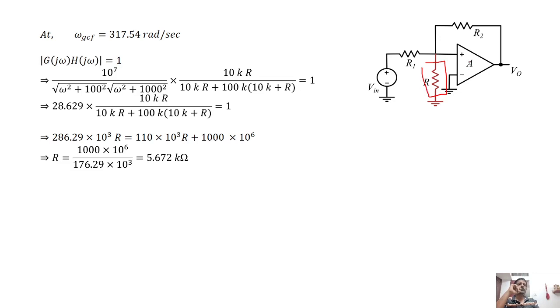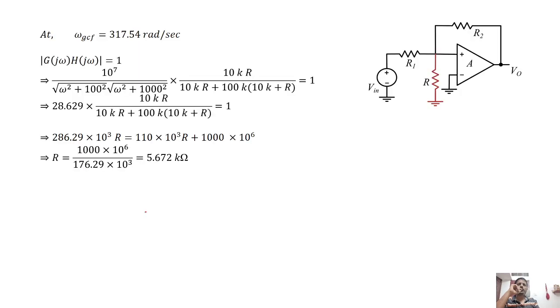We know G of S, so here it is minus. You calculate the value of R in the same manner, substitute it and connect that R here. So that system will be more stable than the previous one. That is the takeaway. I guess it's clear.